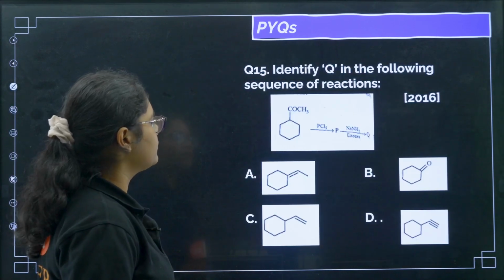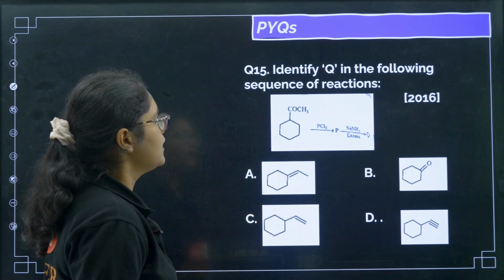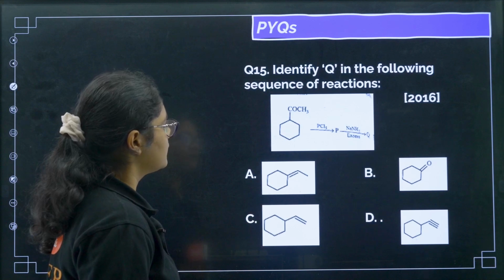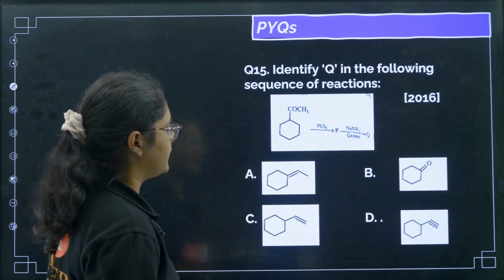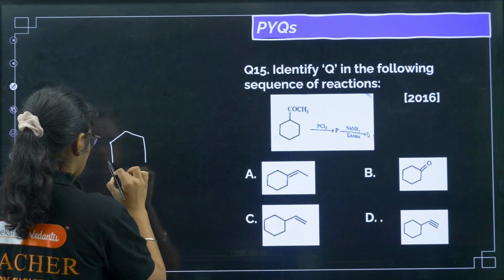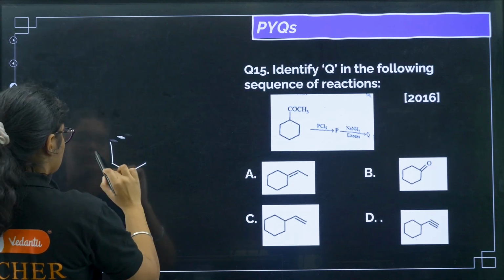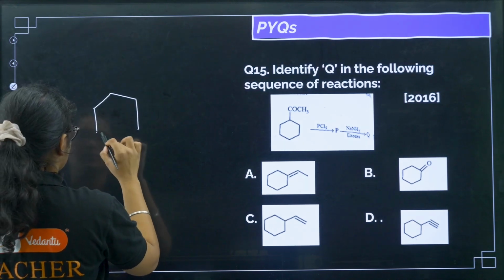Next, identify Q in the following reaction. So we have COCH3, you are treating it with PCl5, and then you are getting P, and then you are treating it with excess NaNH2.